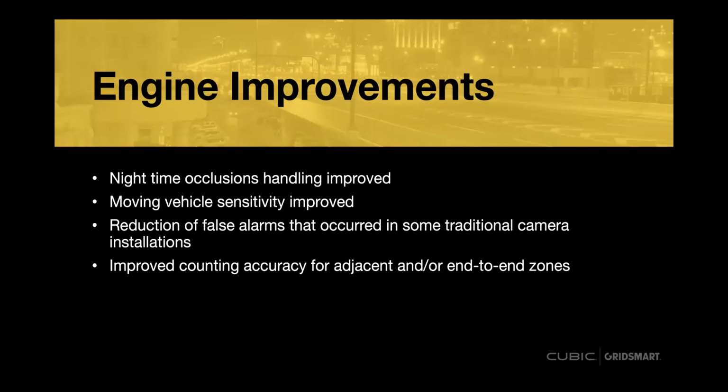We have reduced the number of false alarms that occur in some traditional camera installations. And we've also improved counting accuracy for any adjacent zones or end-to-end zones. So imagine you've got a situation where two zones are sandwiched together next to each other in the approach furthest away from the camera, or maybe ones that are front to back and drawn right next to each other. The counting has improved whenever you've got zones set up that way.